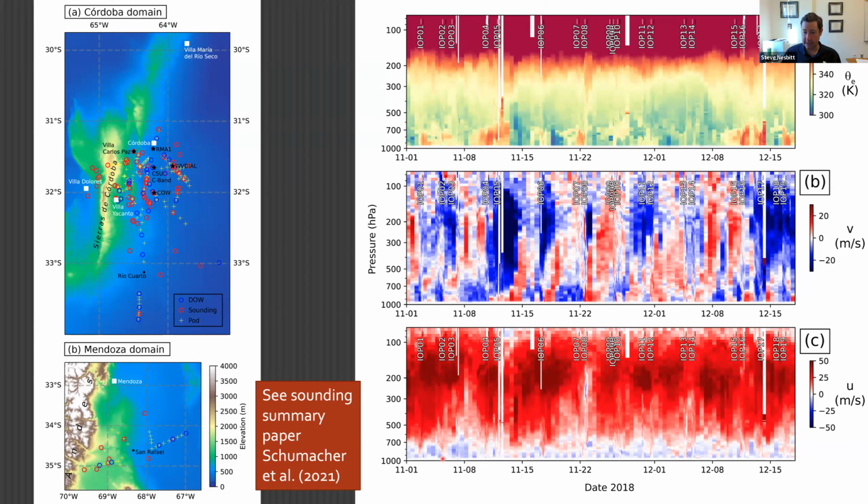And then the U wind shows the very strong vertical wind shear that we see in these cases, with the jet often exceeding 50 meters per second aloft, and low-level jets 15, 20 meters per second. So a lot of vertical wind shear to help develop strong updraft cores along with strong CAPE.